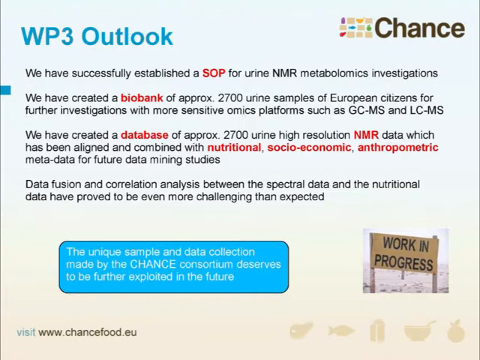Currently, we do not know if we have to destroy this biobank, but so far it exists. We have also created a database of 2,700 urine high-resolution NMR data, which has been aligned with nutritional, socioeconomic, and anthropometric metadata for data mining studies.